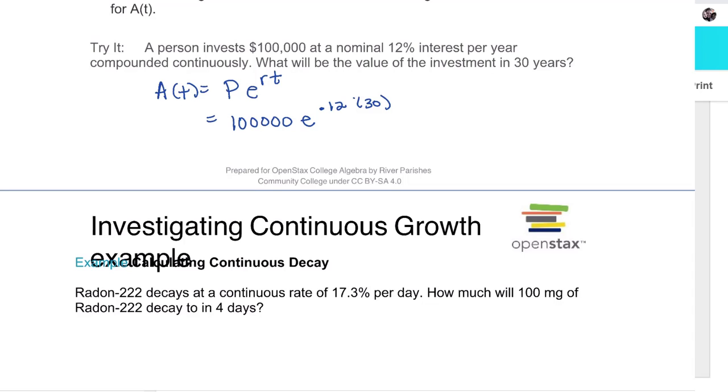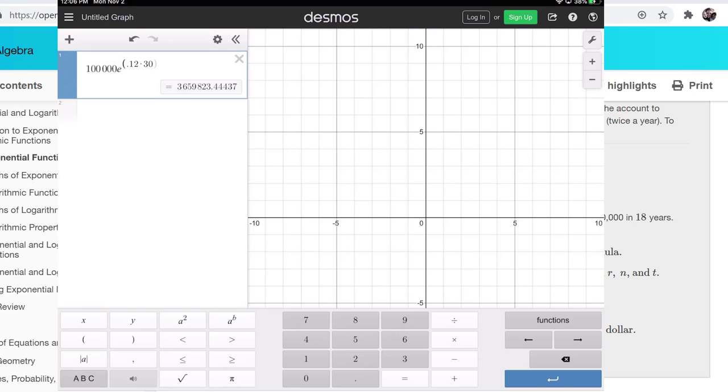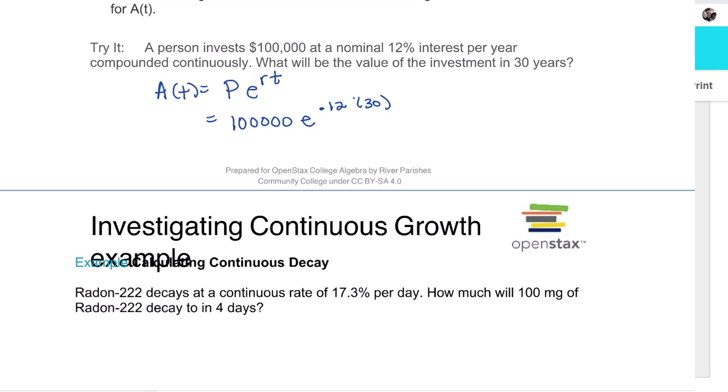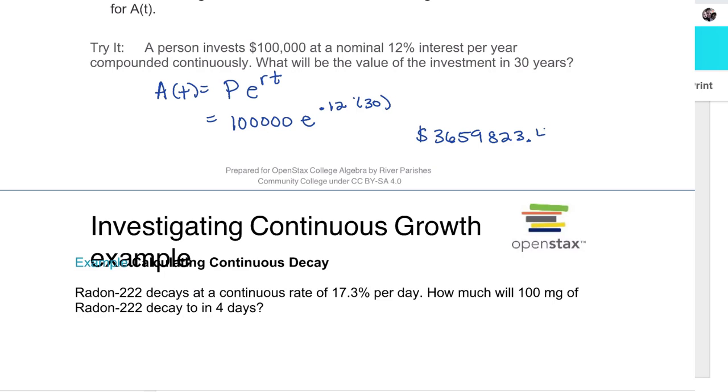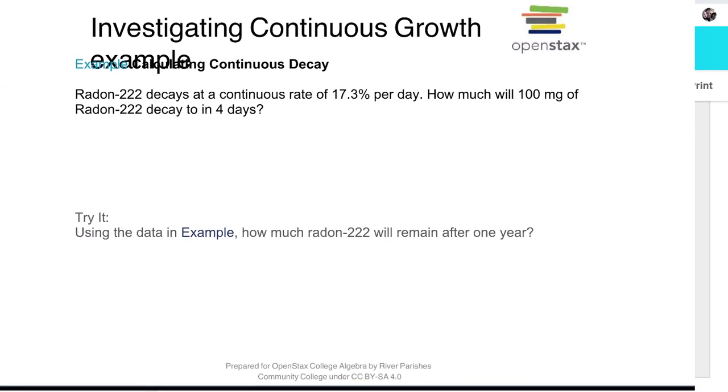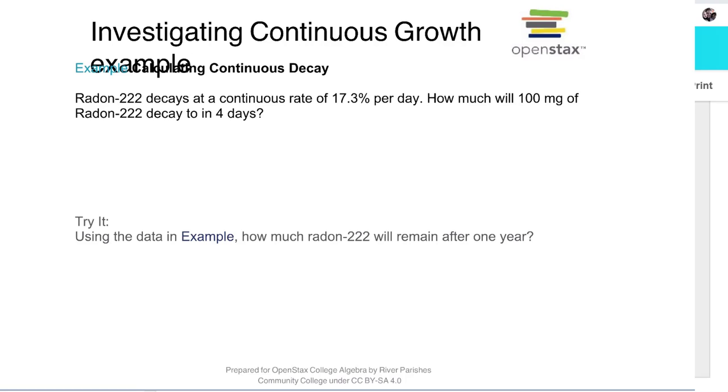Make sure that we had that right. t is 0.12 times 30, and it looks like we get 3659823.44. So it looks like a person investing $100,000 at a nominal 12% interest rate per year compounded continuously will have $3,659,823.44 after 30 years. All right, so let's look at one where there is decay.